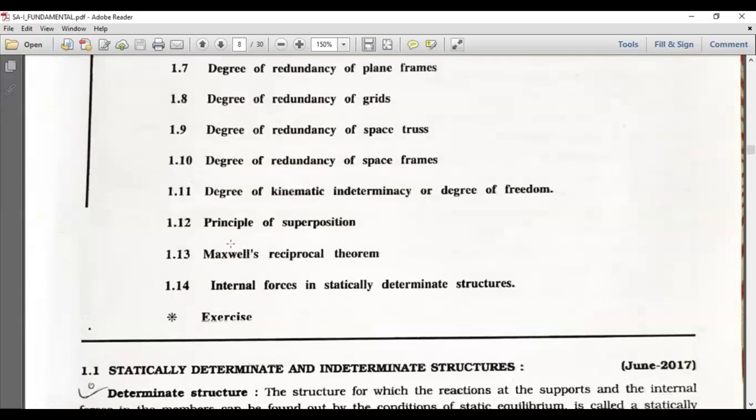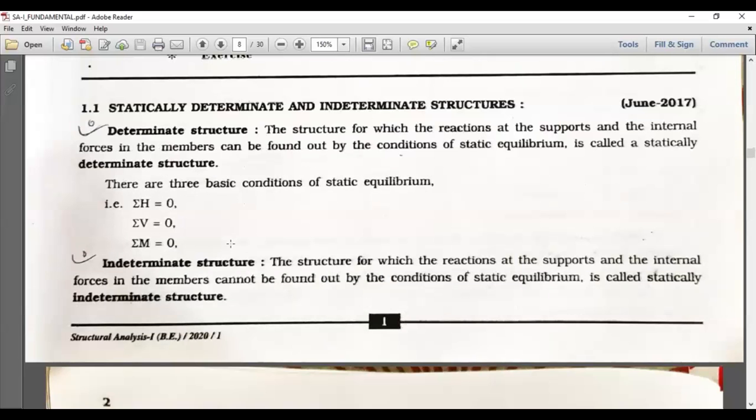We already discussed those points. First, statically determinate and indeterminate structure. Determinate structure: the structure for which the reactions at the support and the internal forces in the members can be found out by the conditions of static equilibrium is called a statically determinate structure.